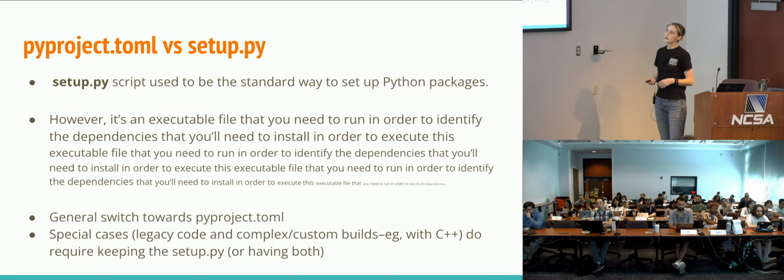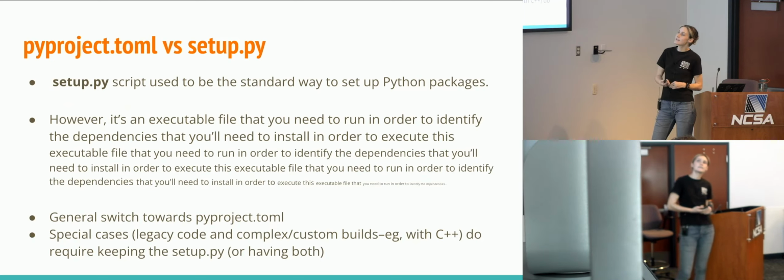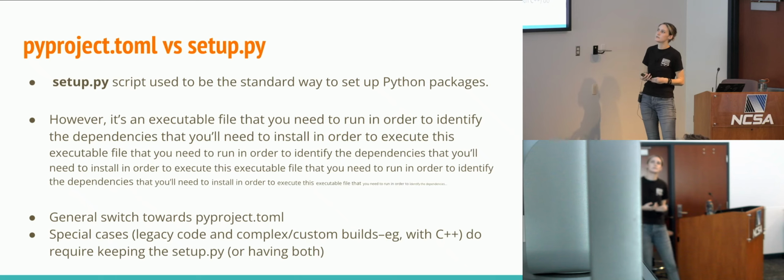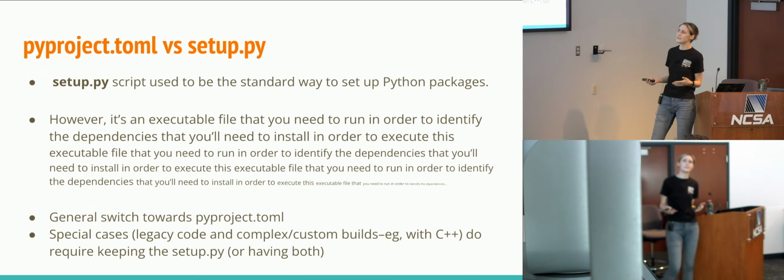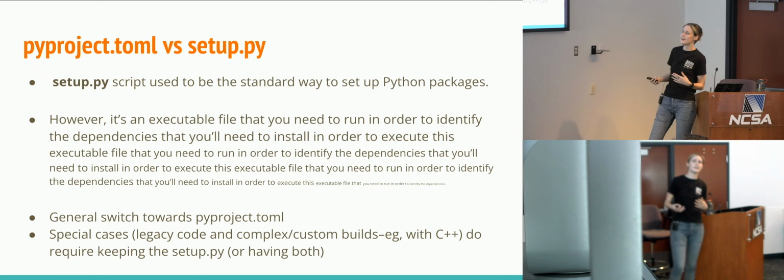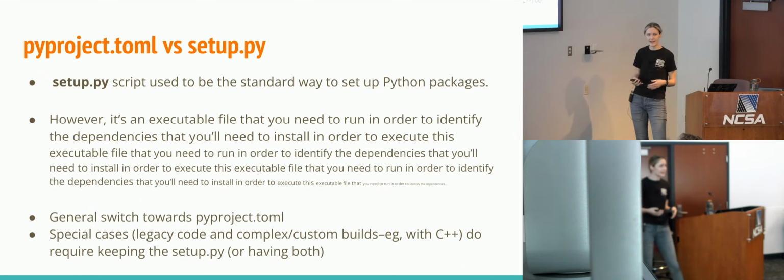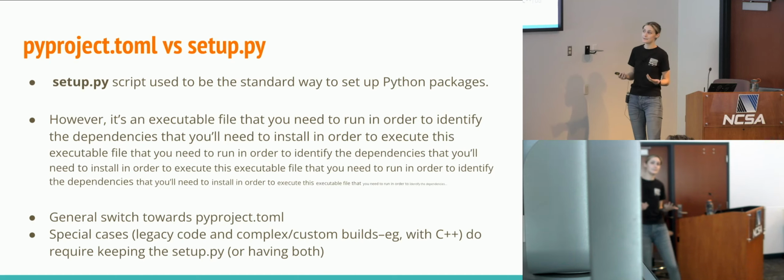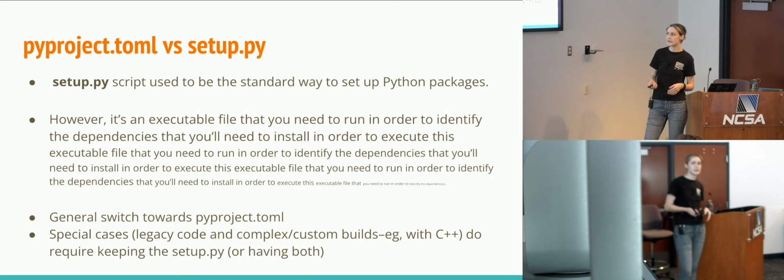And going to setup.py, that used to be the standard way that you would set up your Python packages. However, it is an executable file that you need to run in order to identify the dependencies that you'll need to install in order to execute this executable file. And ultimately, that can get a little bit of a mess and at times just simply not work. So there has been a general switch towards pyproject.toml.